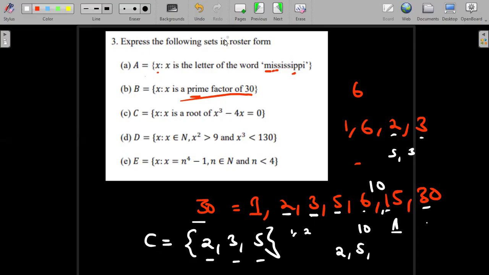Okay, somebody is asking about 7, 11, 13, and 17. Okay, so here remember the question is saying prime and factors. What are factors? So factors are numbers that are going to divide into 30 without giving us a remainder.